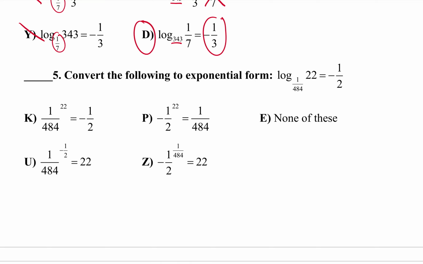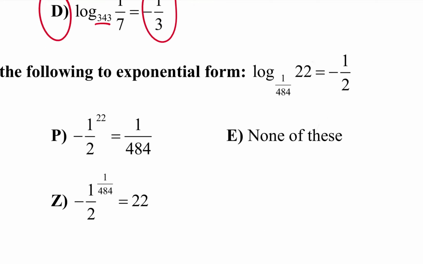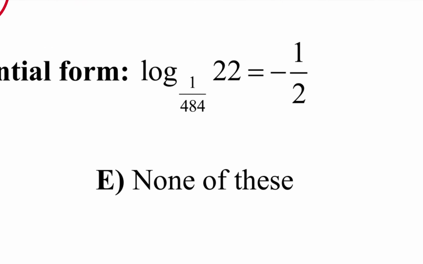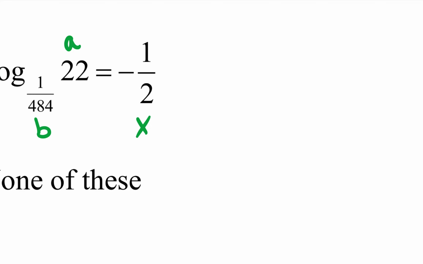Convert the following back. Okay, so now I'm going back, and again, the most important thing is my base remains my base. And then here's my a, here's my x. So now I want b to the x equals a. So my base should be that fraction, and I should now equal 22.